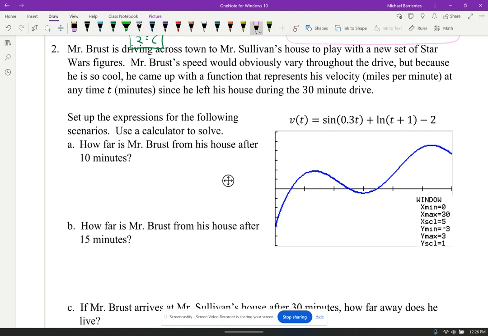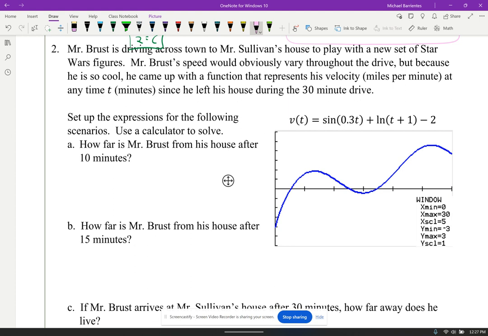So what does that mean in terms of the situation? Think about what we said about the sign, positive or negative, of the velocity. If a velocity is negative, that means it's moving to the left or away or in one direction. But if the velocity is positive, it's moving to the right or towards or in the other direction.